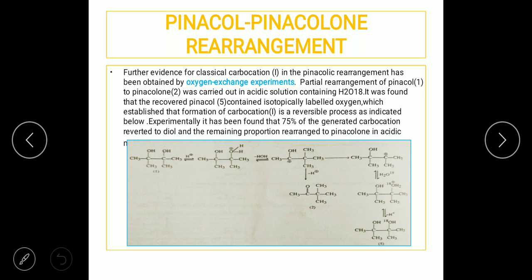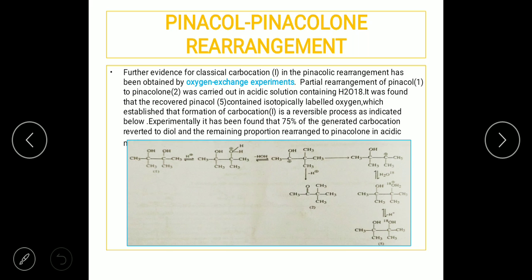Now next, further evidence for classical carbocation 1 in the pinacol-pinacolone rearrangement has been obtained by oxygen exchange experiments. Partial rearrangement of pinacol to pinacolone was carried out in acidic solution containing water wherein the oxygen is isotopically labeled oxygen.